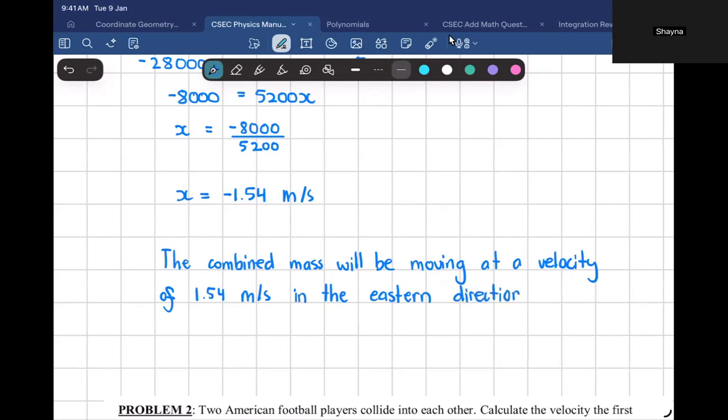If I'm saying it's moving to the east, I don't need to put the sign. Okay, sir. Yeah.